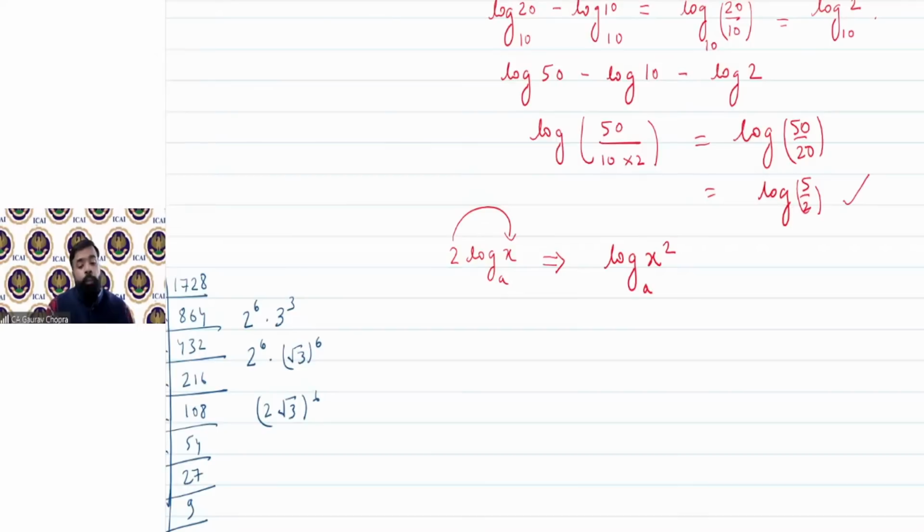All these properties are also reversible. If it is log of m to the power of n base a, then we can write n log of m base a. And if it is n log m base a, then you can write it in this way also. So you can write in any form, whatever is required.